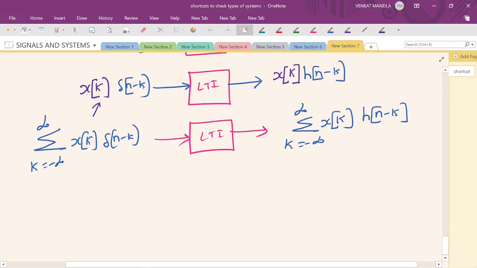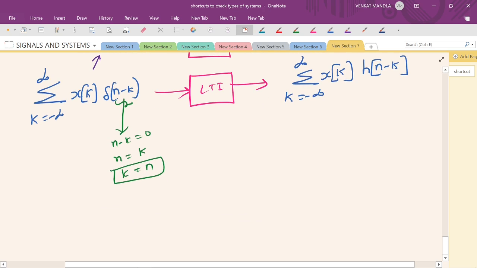But what is this? Delta of n minus k exists. In fact, delta of n minus k is 1 at n minus k equal to 0, that is at n equal to k, that is at k equal to n. In all remaining cases it is 0. So x of k multiplied by 0 for every k other than k equal to n, and we will get x of n.